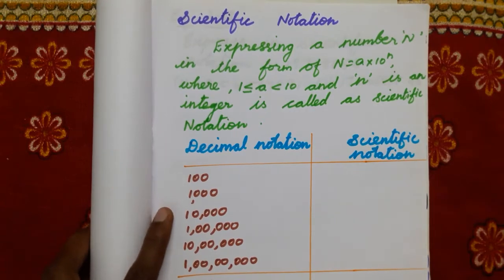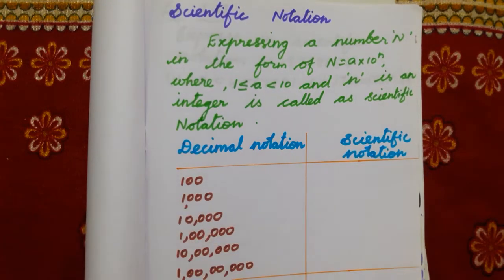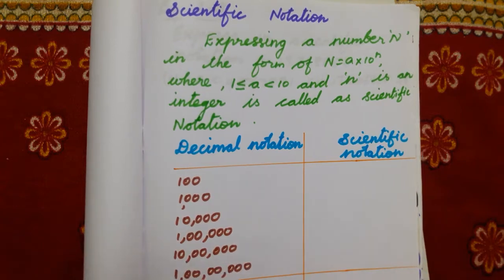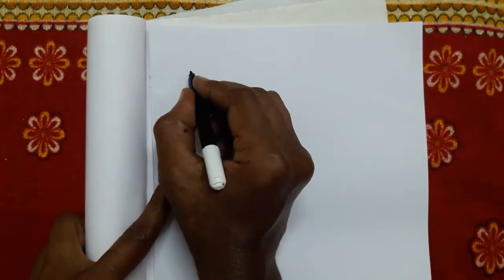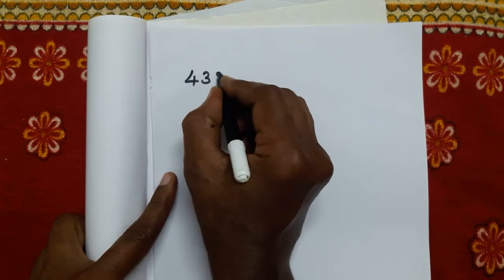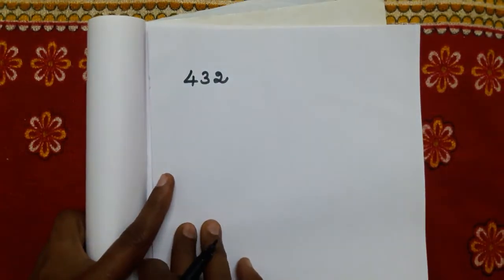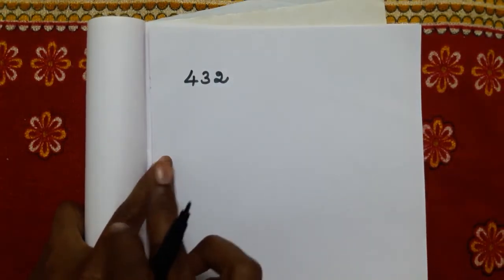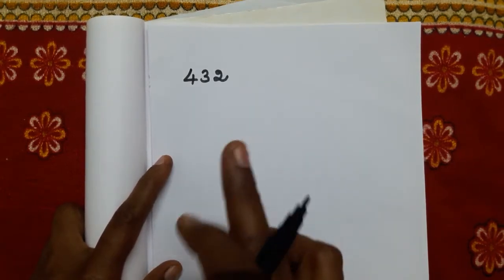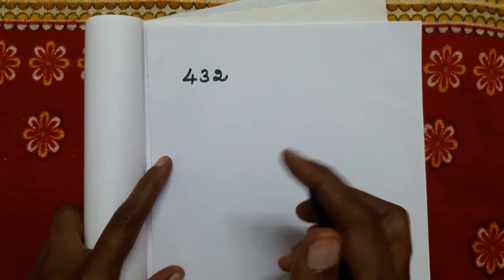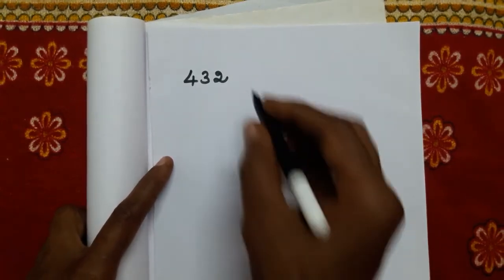Okay, with some examples I am going to explain this. My own example I am giving. First, one number: 432. It is the number. We have to write this number in scientific notation, so what do you have to do now?